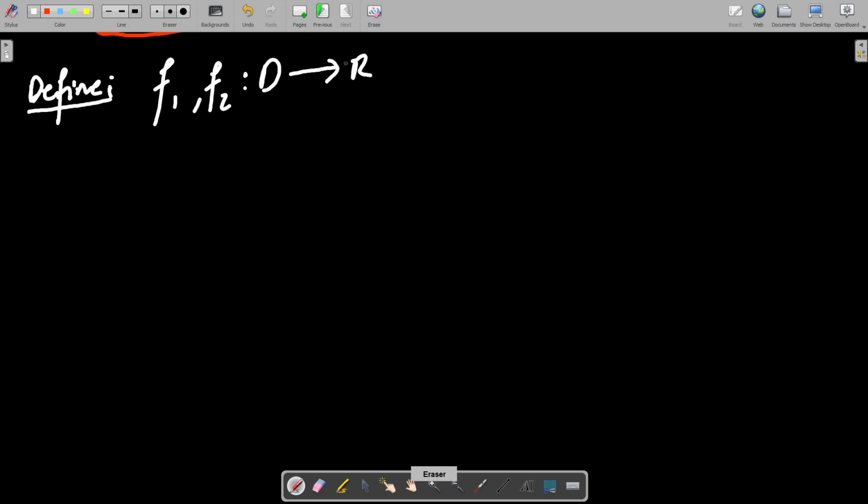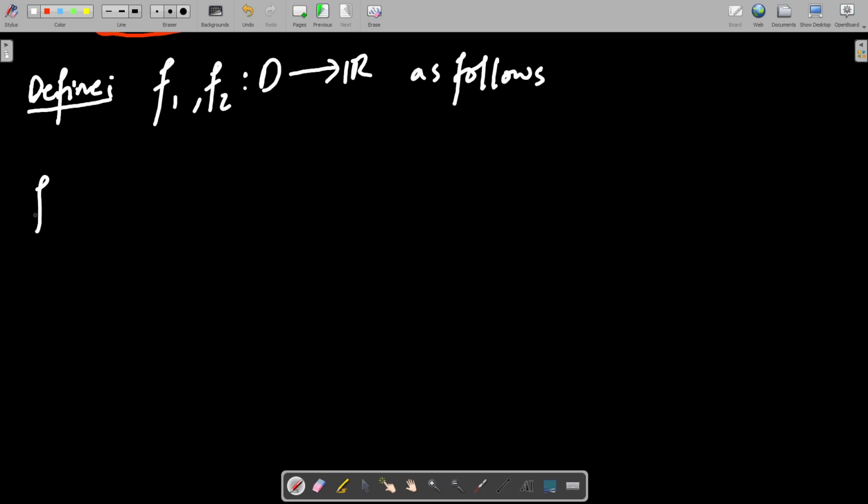So define f1, f2 from D to R. These are two variable functions, because D is a subset of R2, as follows. So what are they to be defined as?